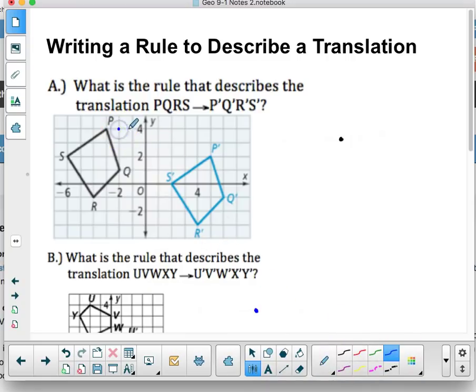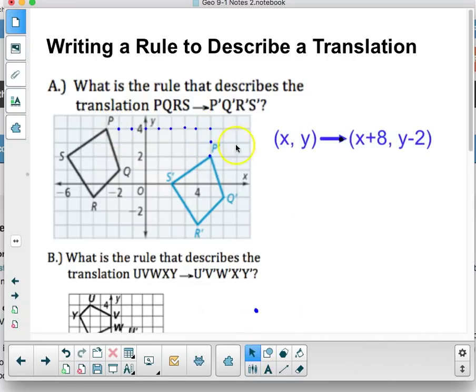If I go 1, 2, 3, 4, 5, 6, 7, 8 units to the right and 2 units down, I'm going to add 8 to the x and subtract 2 from my y. This is how I write my statement: xy maps to x plus 8 and y minus 2. So that's my rule that I will follow.